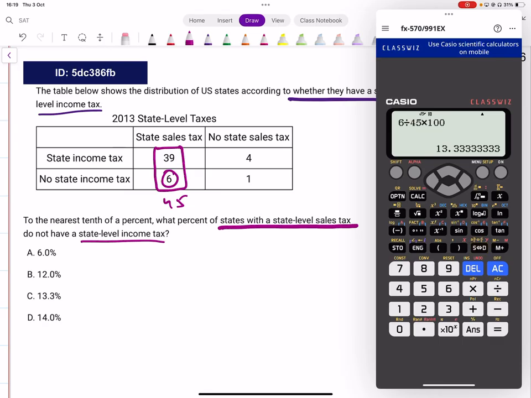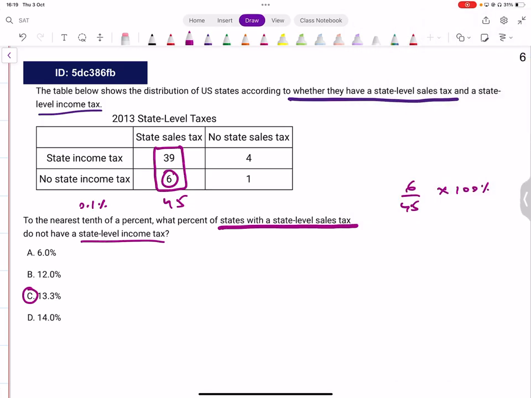Now they say to the nearest tenth, okay, now this is important. 13.3%. Tenth means 0.1%, right? So that's 13.3%. That's your final answer. Is that okay? No problem?